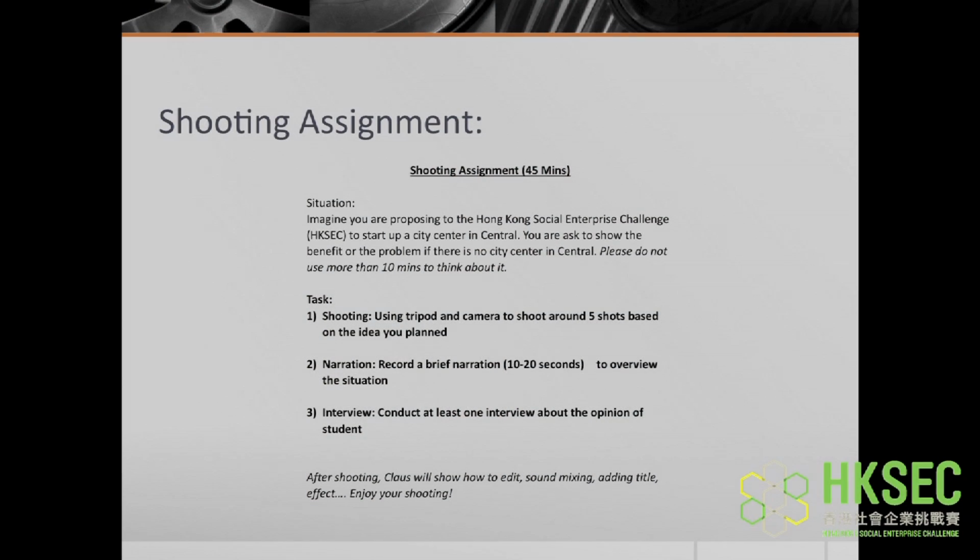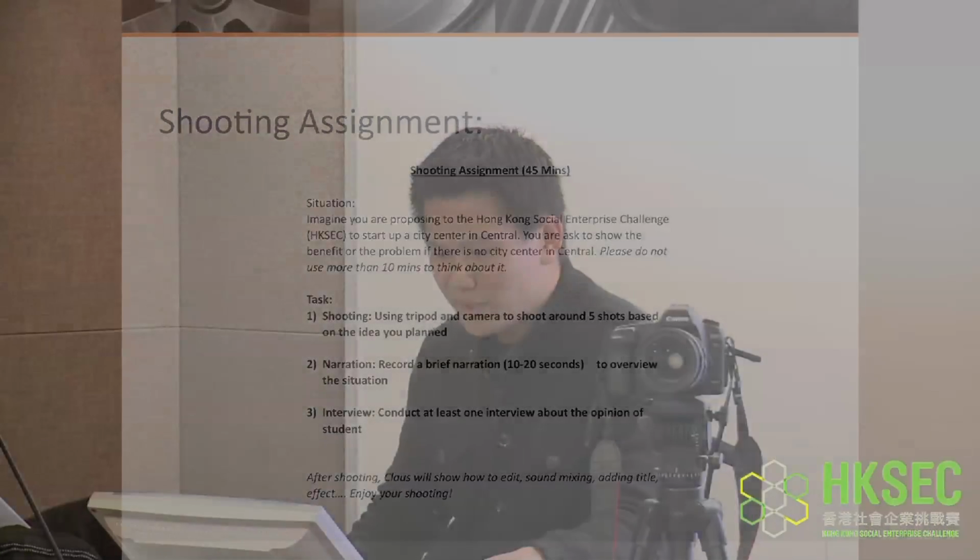Okay, so it's time for the shooting assignment. Imagine you are proposing to start up a city center here in Central. You are asked to show the problems if there's no city center in Central. First, using tripods, shoot around 5 shots based on the idea you planned.